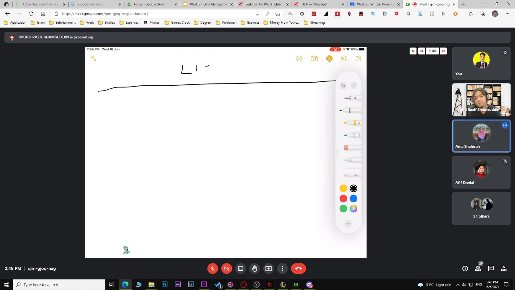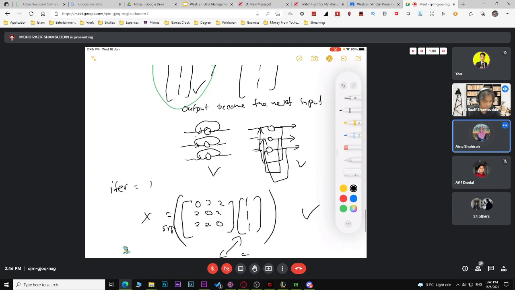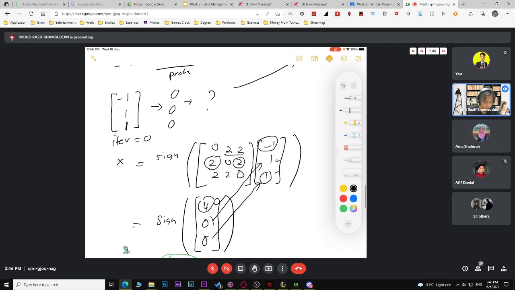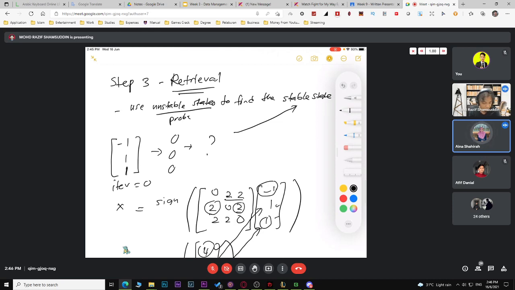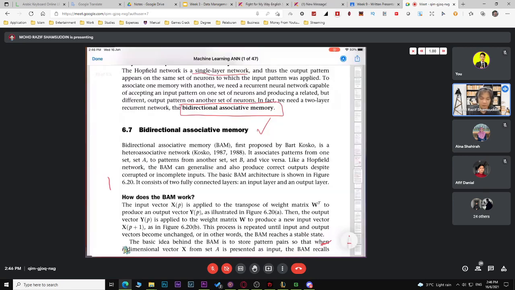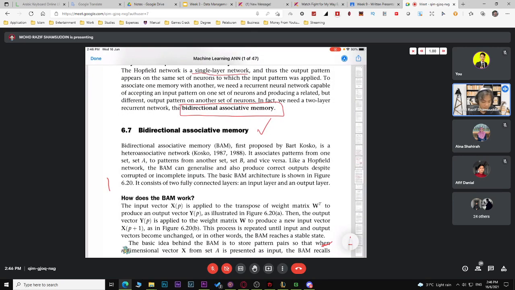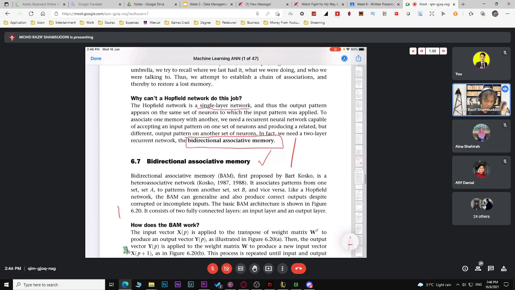Sir, I have a question. The probes you gave earlier, the unstable states above, did you decide those yourself or were they given? Any values other than the stable state will be considered an unstable state. When we calculate the weights, we only use two values, the stable states 1, 1, 1 and -1, -1, -1.